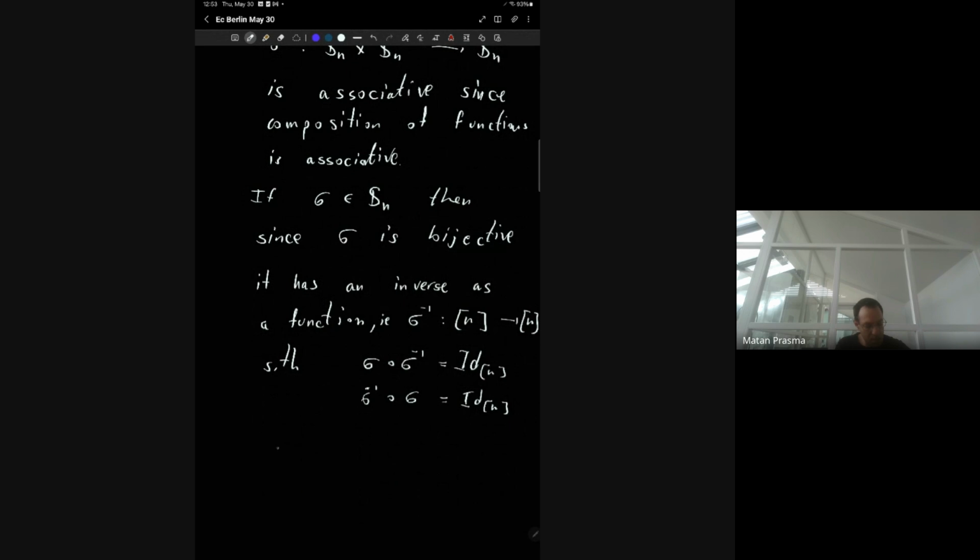So to sum up, Sn together with the binary operation of composition of functions and the neutral element being the identity function on n is a group. And I claim that this group is not abelian.